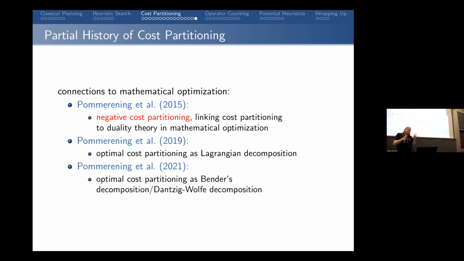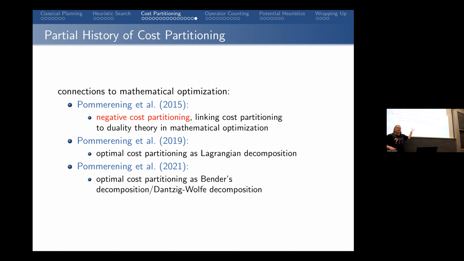And this sort of spurred a sequence of papers that try to take these linear programs, understand what they do, and apply various techniques from mathematical optimization and see what they can do in planning. In particular, we now have optimal cost partitioning approaches that are a form of Lagrangian decomposition, and most recently, another form of optimal cost partitioning that is a form of Benders decomposition and Dantzig-Wolfe decomposition.